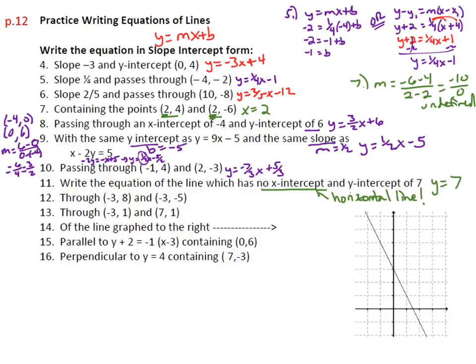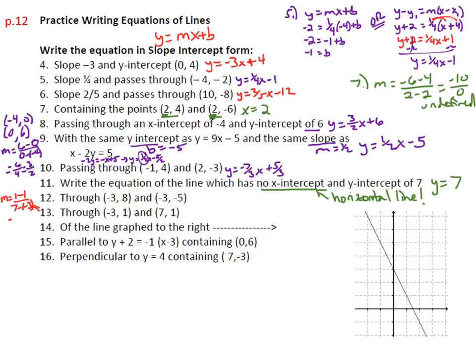Let's look at number 13. With number 13, they gave us two ordered pairs. So when we have our two ordered pairs, we want to find the slope. So we're going to work this one over to the side here. Finding our slope, we're going to say 1 minus 1 over 7 minus negative 3.